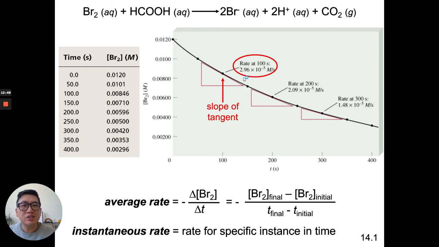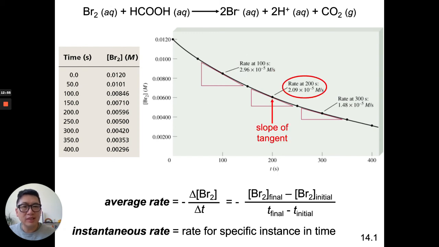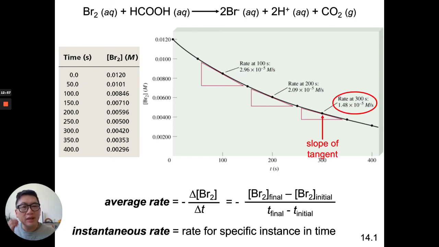Here it is. It's 2.96 times 10 to the minus 5. Here, 2.09 times 10 to the minus 5. Here, 1.48. Notice the rate decreases. And that kind of makes sense. Why? Because as you turn some of the Br2 into Br, you have less of it.